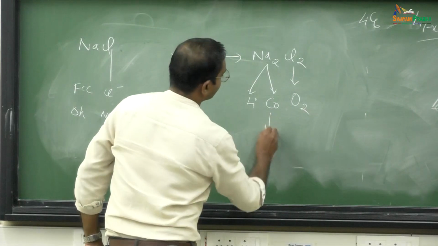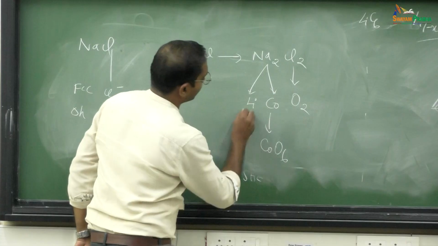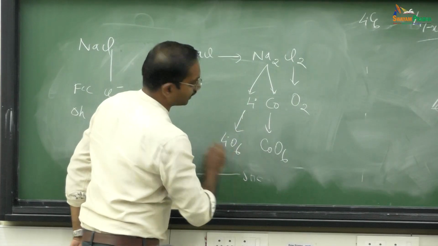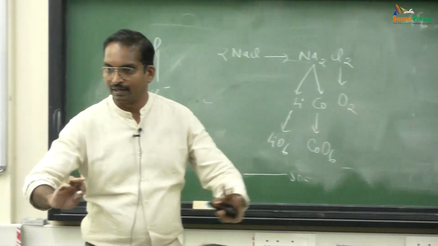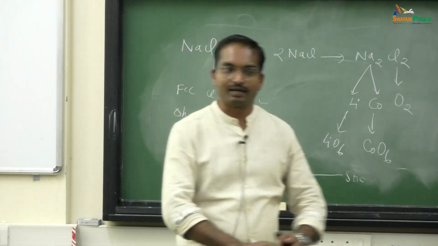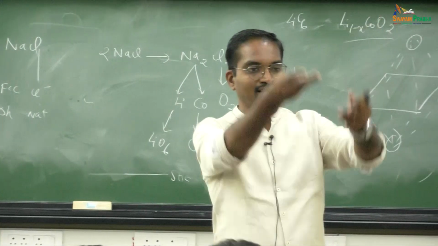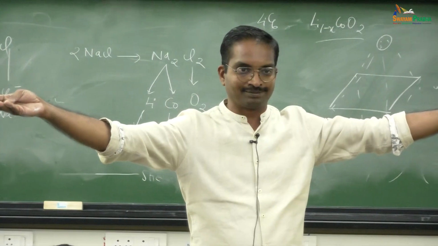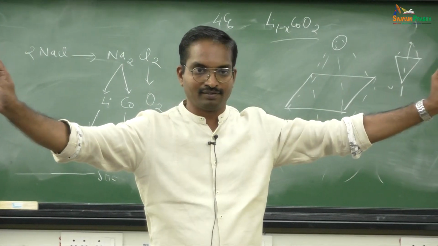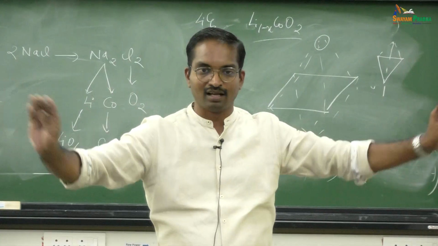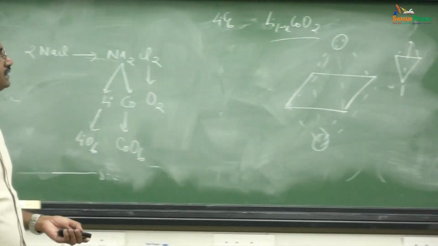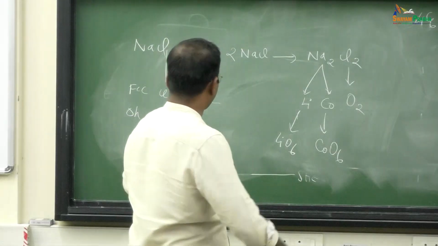You have CoO6 octahedra and LiO6 octahedra. You combine these octahedra one after the other, and you build the LiCoO2 structure. Very simple, na? That's all. Battery chemistry is done. I don't want to get into it because time is not there.